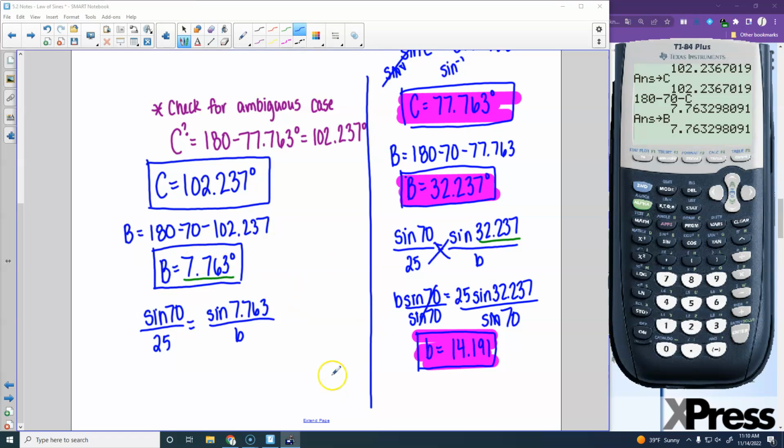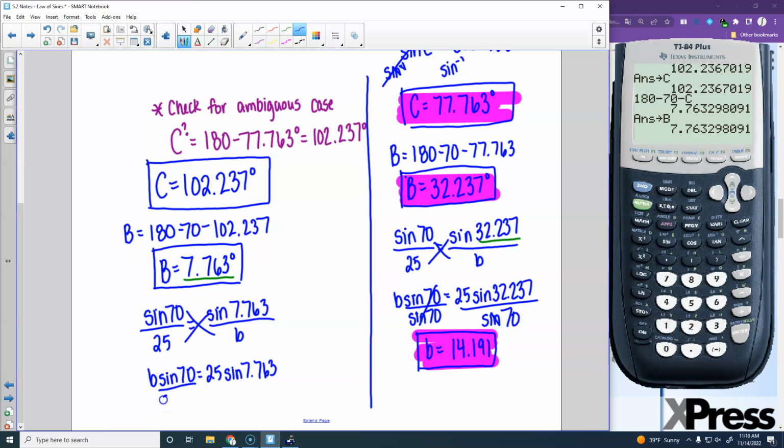If you forget to store something and can't get it stored again, you can use the rounded values. It might be off a little bit. I would try not to, especially on a quiz or a test, but it's not the end of the world if you use the rounded value there. So we will cross multiply: B sine 70 equals 25 sine 7.763.